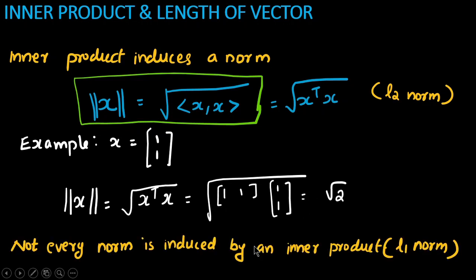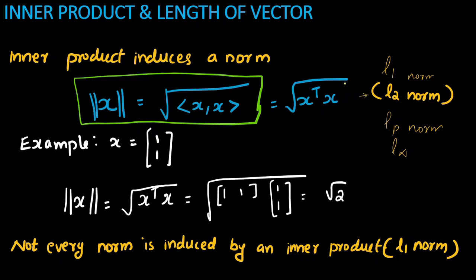Then, not every norm is induced by an inner product. That means, in order to find the norm, we have different kinds of norms: we have the L1 norm, then the Lp norm, and the infinity norm, and so on. If you use the dot product as the inner product, we will get L2.